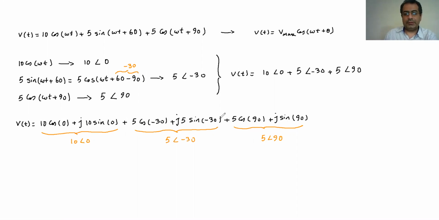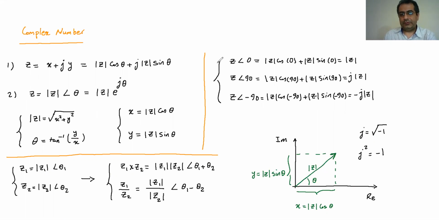If I do the calculation, remember that here, look at the 10 with angle of 0 or 5 with the angle of 90. This is what I was talking about earlier. If it's a magnitude with angle of 0, it's going to be just its magnitude, the complex number with angle of 0.